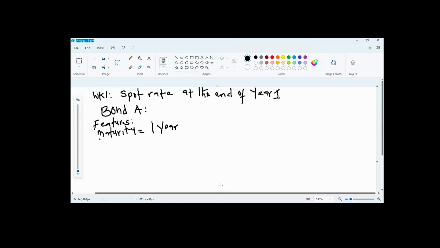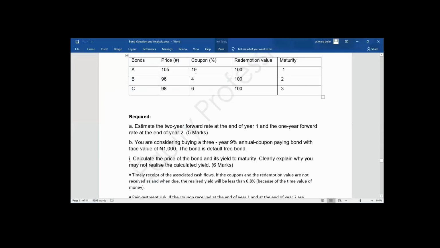What is the price of bond A? The price of bond A is 105. What is the coupon rate?